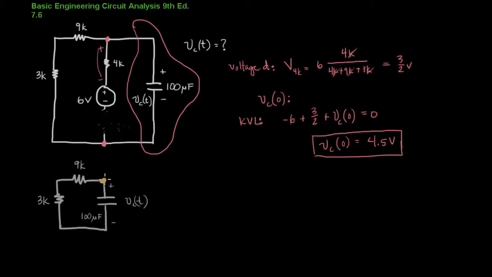So what we'll do is choose this as our node, and we'll choose our currents going this way. We can really choose them any way we want, but this just makes things easier. And now we'll solve our KCL equation.